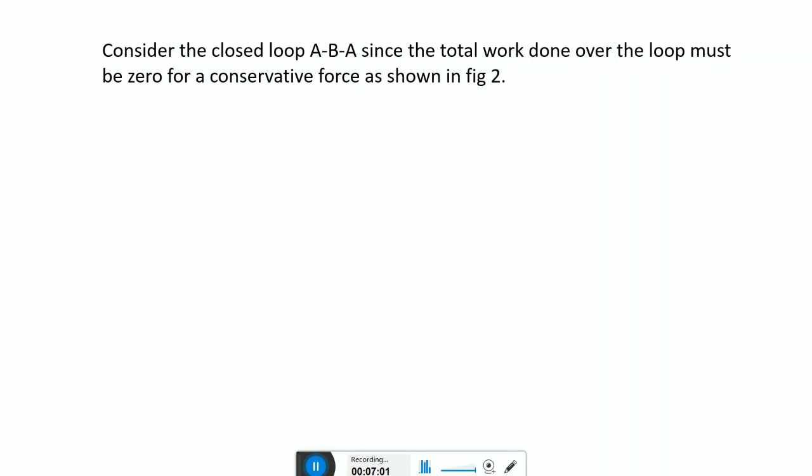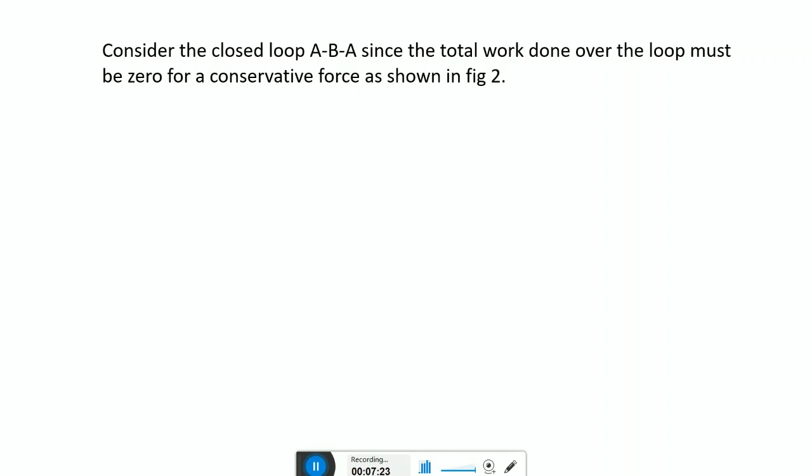Then consider another situation. Consider the closed loop ABA. A closed loop is a system where the body returns again and again to the same position.